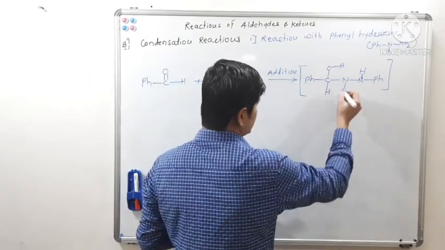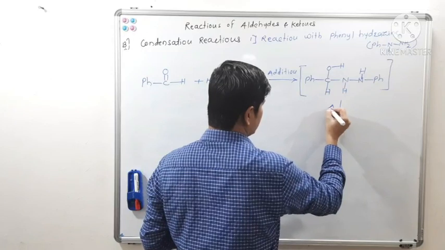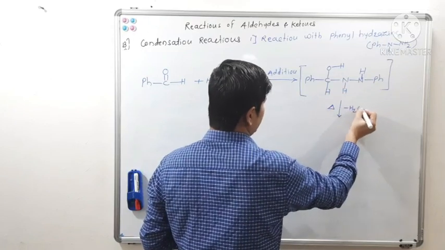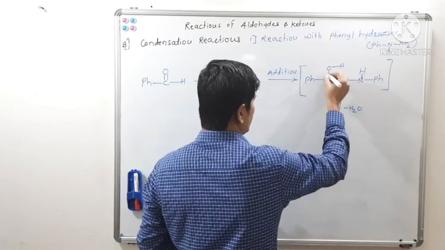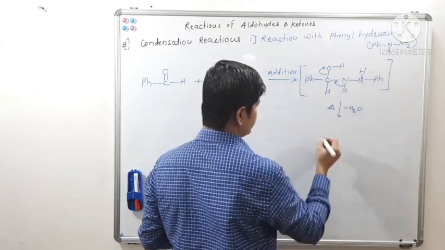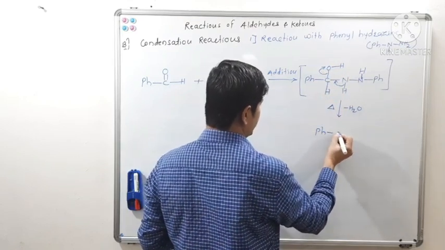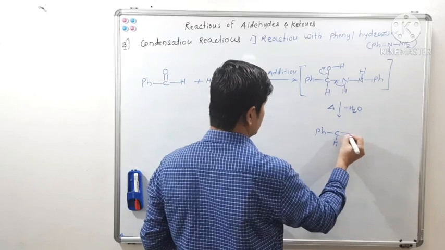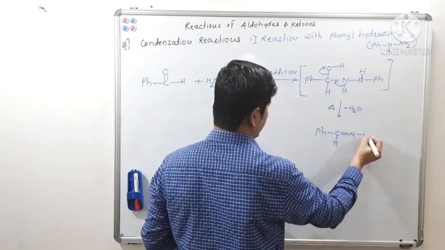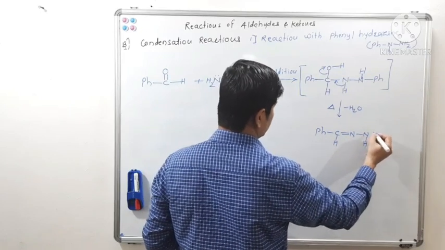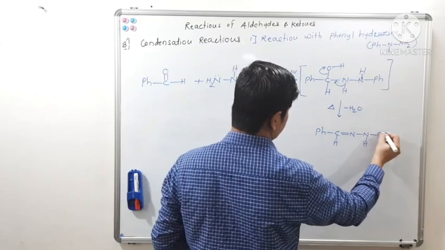Now in the second step there will be heating and a loss of a water molecule. So what we will get? PhCH=NNHPh.